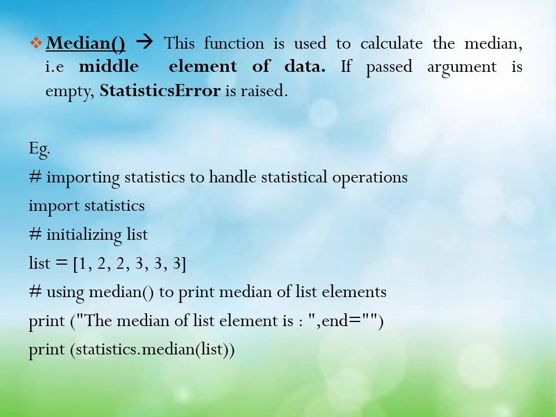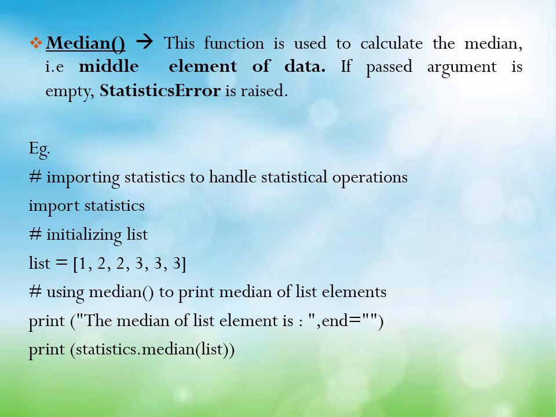Let me explain with one example. Again we have to import the statistics module. Then I am taking one list containing elements 1, 2, 2, 3, 3, 3, and suppose we want to find the median of this list. We give the command print(statistics.median(list)).